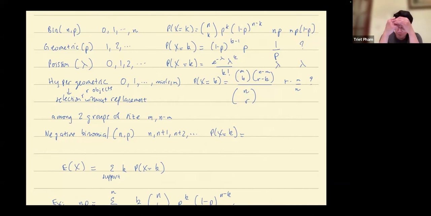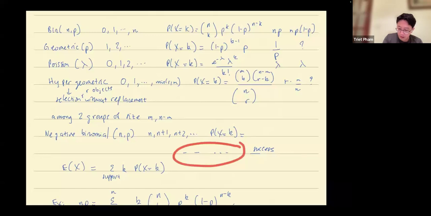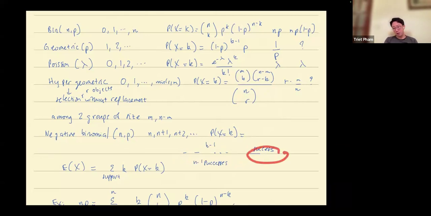So you perform k trials, and you know that the last trial must be a success, because you have seen n successes within k trials. You also know that out of the previous k minus 1 trials, there must be n minus 1 successes, because that's the only reason why you see the nth success on the kth trial.